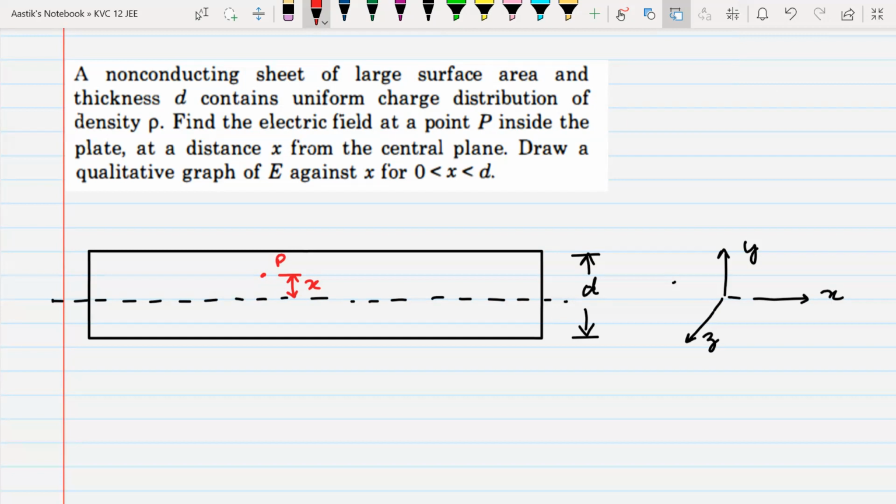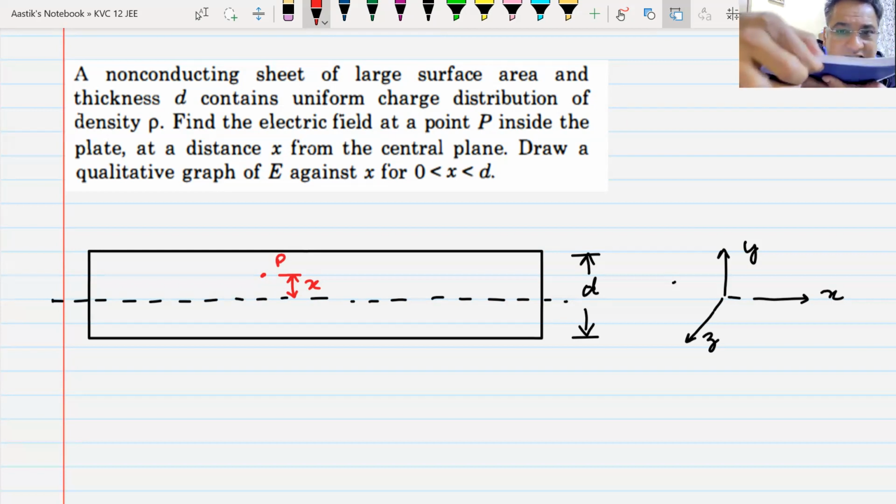Sir, assume the Gaussian surface as a cylinder. Since this is an infinite sheet, take the Gaussian surface not as a cylinder but as a small sheet. You don't have to take it as a cylinder. See, this is the infinite sheet. It is infinite in this dimension and in this dimension.